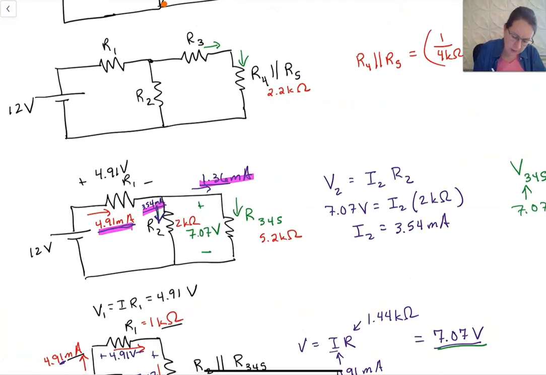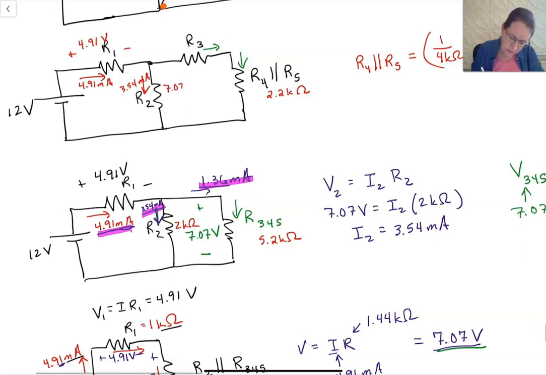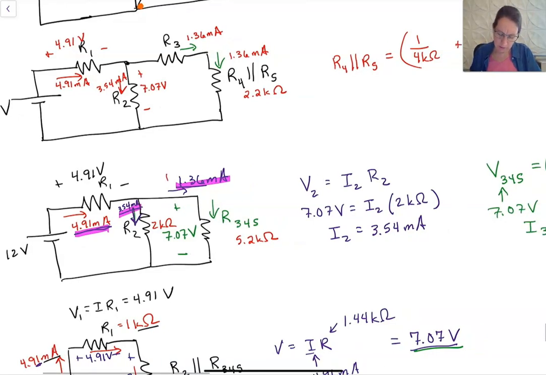So just rewriting this again, we got 4.91 milliamps. We got 4.91 volts across here because it's a 1 kiloohm. This we have 3.54 milliamps, and we have a voltage here of 7.07 volts. For R3, we have 1.36 milliamps going through here and 1.36 milliamps going through this equivalent resistance, the same current that we have right down here.